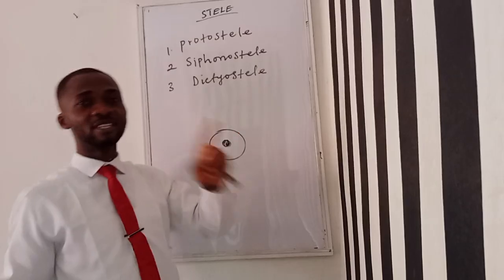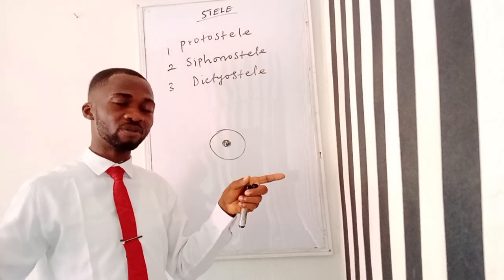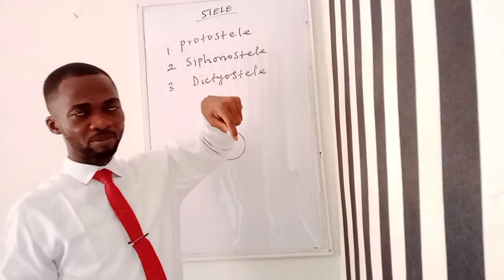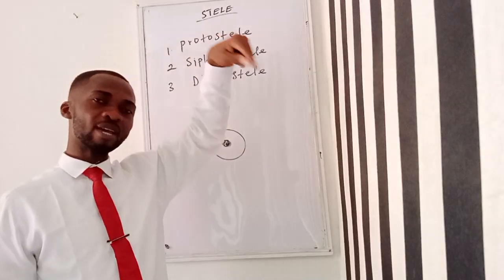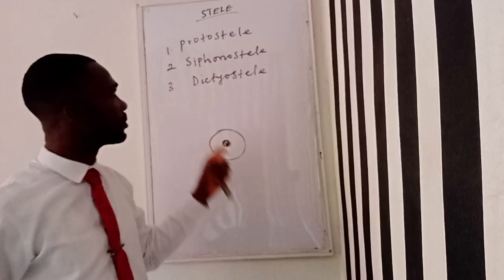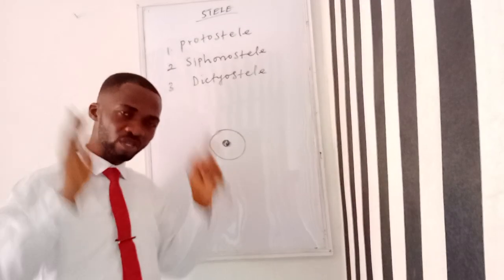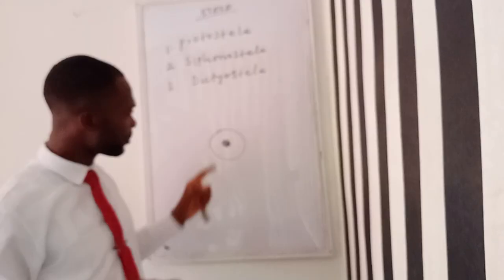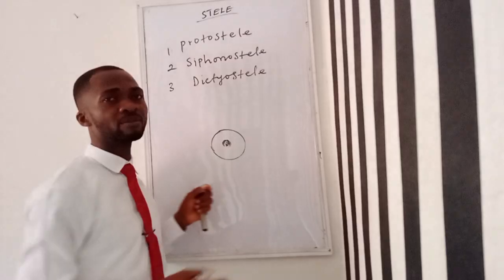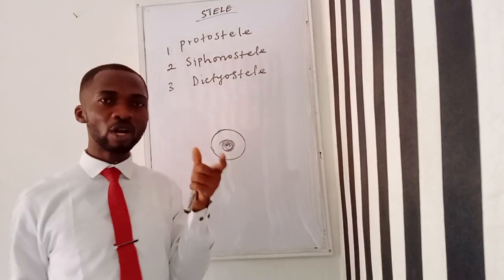Remember, in the general description of stele, I mentioned basically pith, the xylem and the phloem, which is the vascular tissue, then the pericycle, and of course the endodermis surrounding it. So in the case of protostele, since we do not have pith, the xylem will now form the central column.